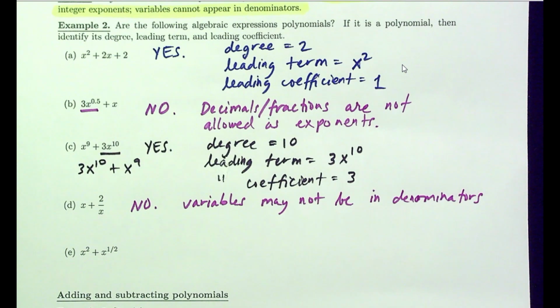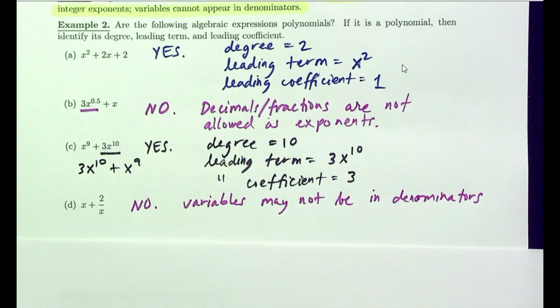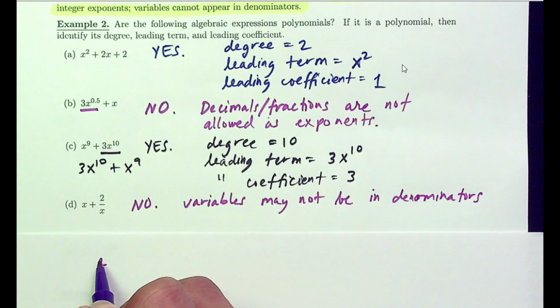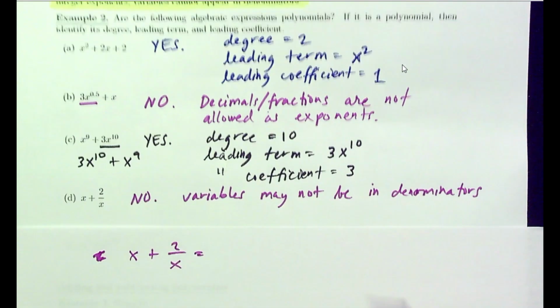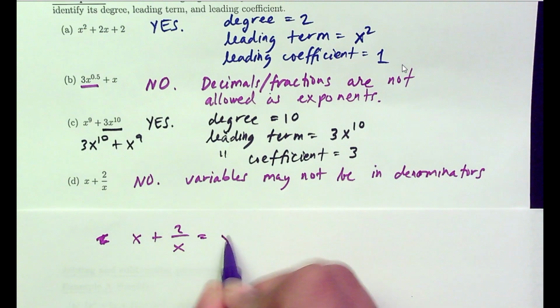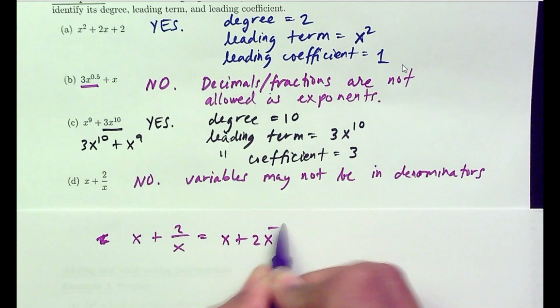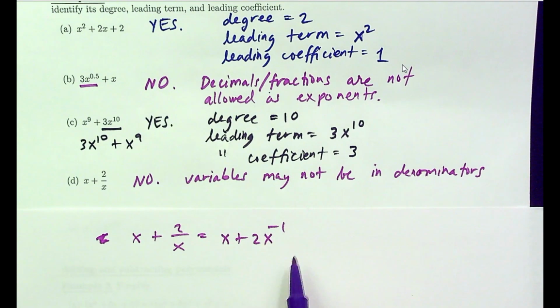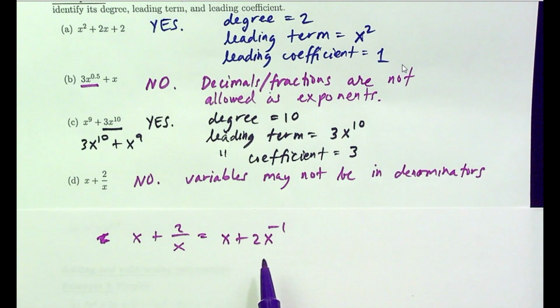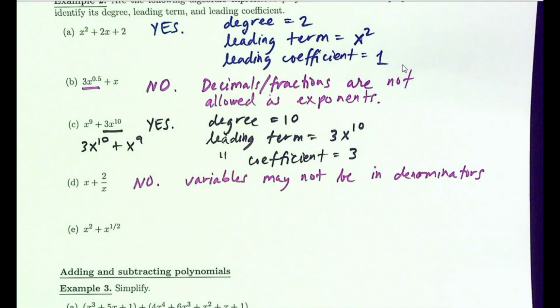And having that variable x in the denominator is pretty much like having a negative exponent, because x plus 2 over x can be rewritten as x plus 2x to the negative 1, using the properties of exponents. And we said that negative exponents are not allowed. So you see, that's a different way of looking at it. Either way, that's not a polynomial.